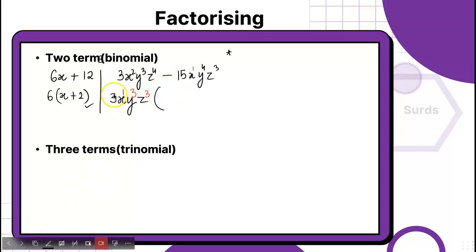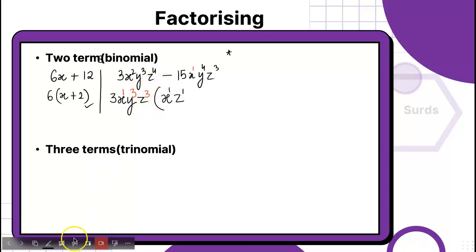Now 3 is outside, x to the 1 is outside, it was 2, so 1x is there. Y cubed is outside, it was y cubed only, so we don't have any y left. Z cubed is outside, so z1 is here.